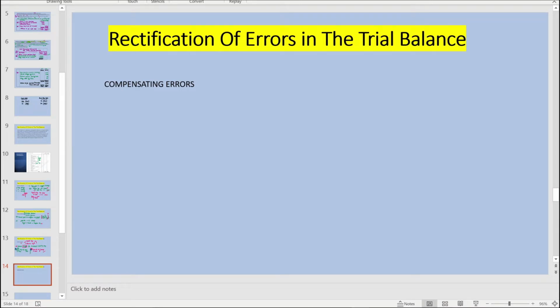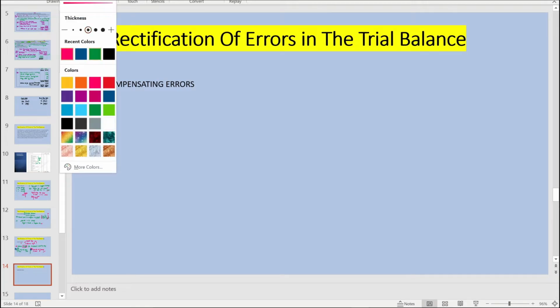Compensating errors are when two or more errors are committed in such a way that the net effect of these errors on the debit and credit side is nil. That means the debit will compensate for the credit side and the credit side compensates for the debit side. I'll just write it in brief first.